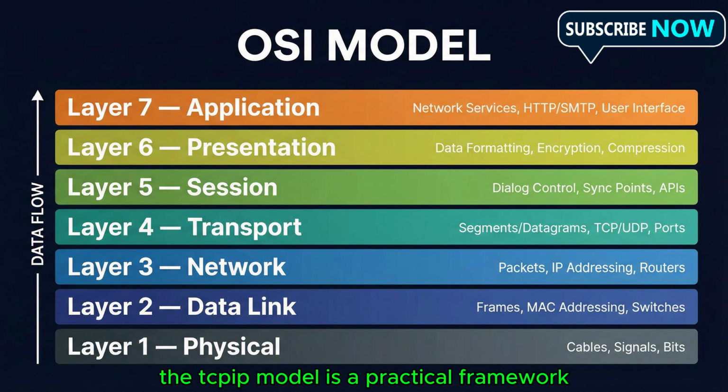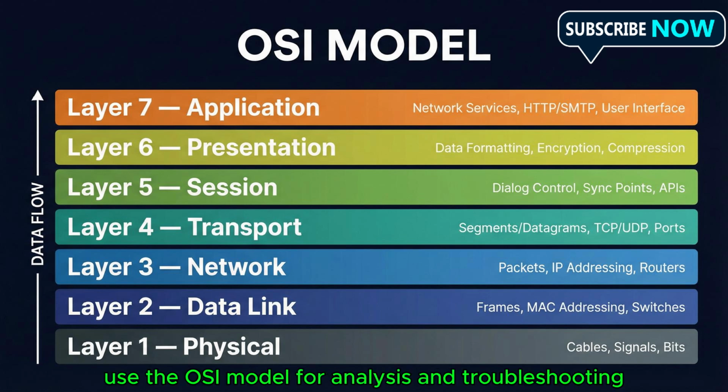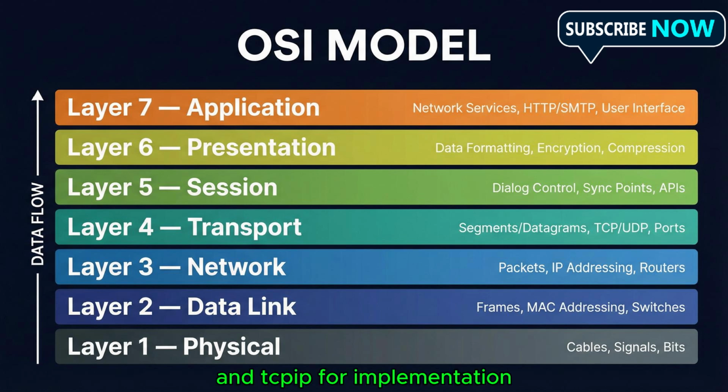The TCP/IP model is a practical framework. It reflects how the internet actually functions today. In practice, networking professionals use the OSI model for analysis and troubleshooting, and TCP/IP for implementation. Both are essential, neither replaces the other.